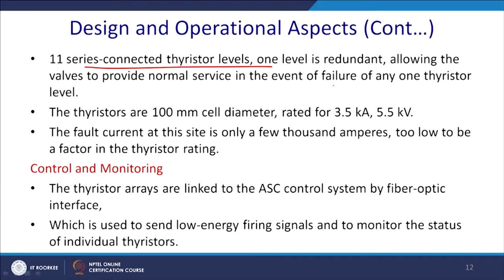So, actually this is one of the oldest FACTS devices. One level is redundant, allowing the valve to provide normal service in the event of the failure of any one of the thyristor modules. Thyristors are 100 mm cell diameter and rated for 3 kA, 5.5 kV.